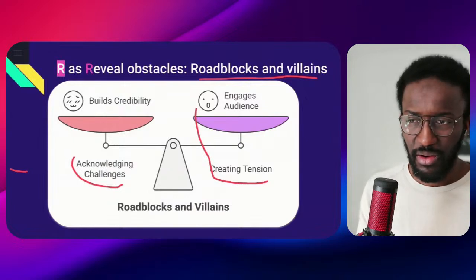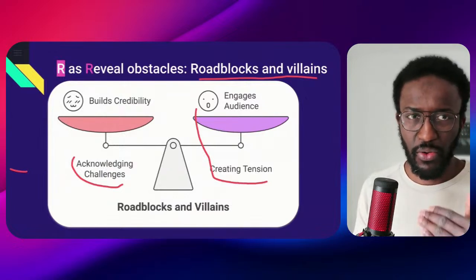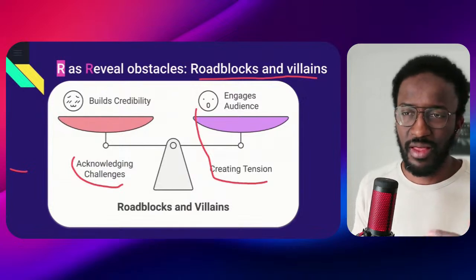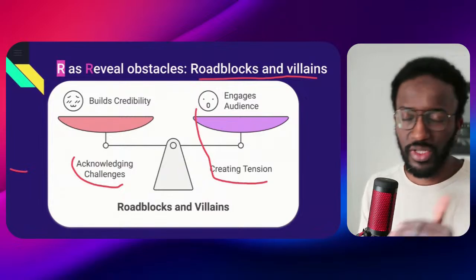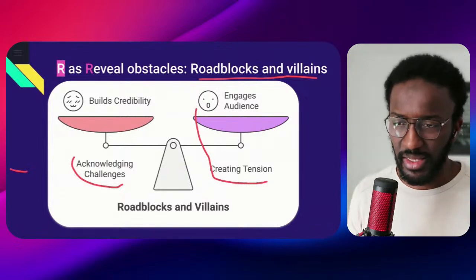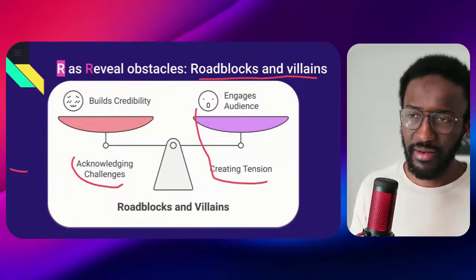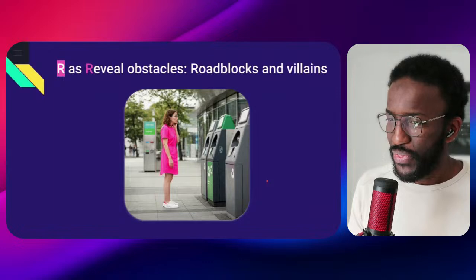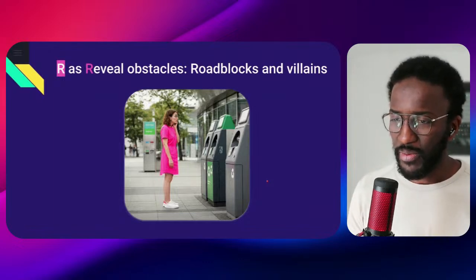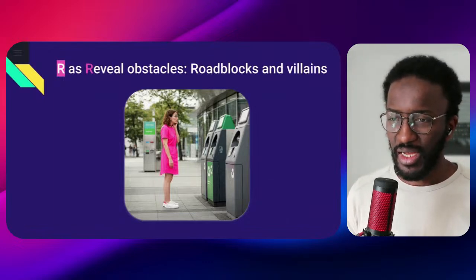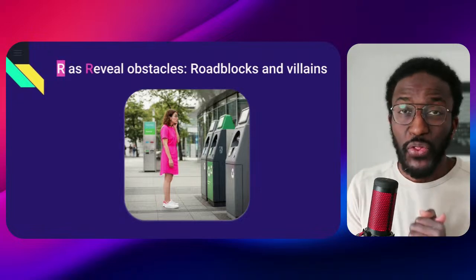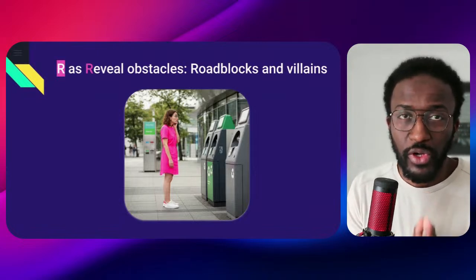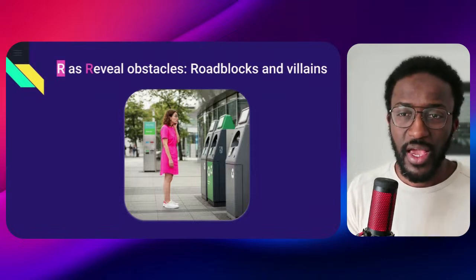Roadblocks and villains matter because they are superheroes, so you need some roadblocks and some villains to be the antagonist, if they are the protagonist, the main character of the story. They need bad guys, I would say. So what does reveal obstacles mean for them? Now they want to recycle, but they don't know how to recycle, where to recycle, and what they should recycle.